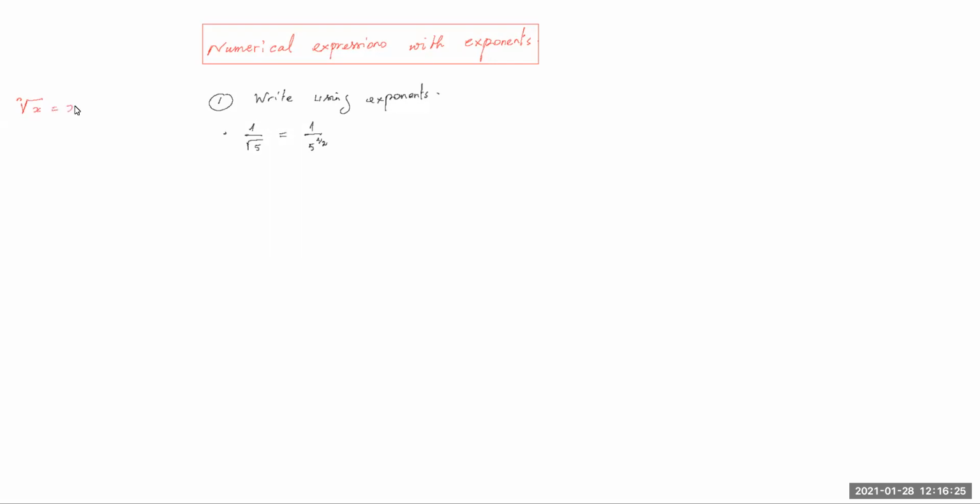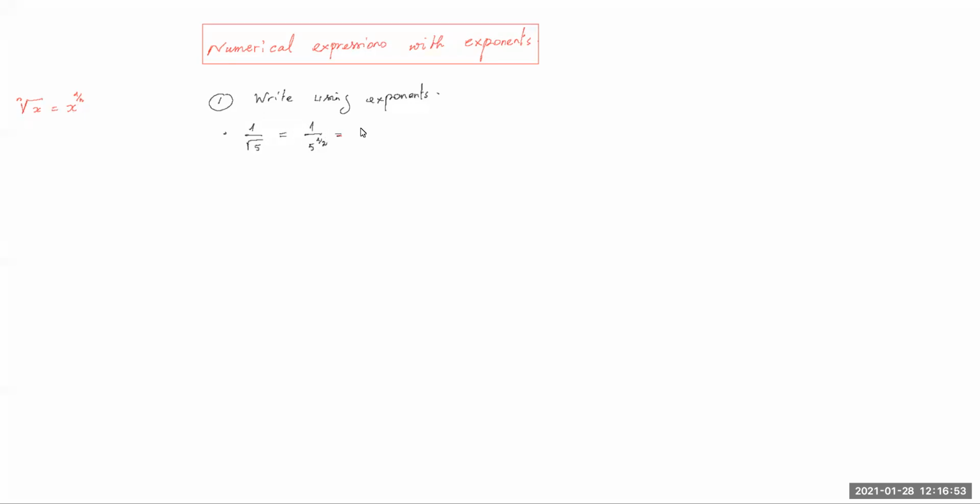We said it's x power 1/n, and we know, depending on the parity of n, what are the possibilities for x, either positive or any value of R.